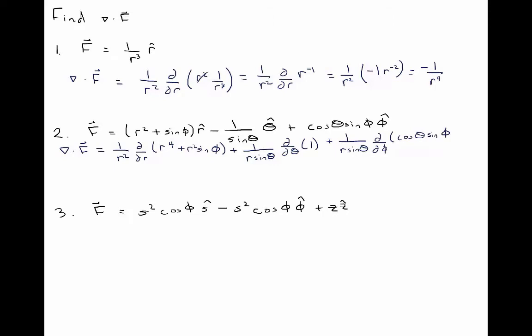I wanted to avoid writing more, so I skipped a step here and went ahead and multiplied the r squared through here. I multiplied the sine theta through here. Let me know if that bothers you. Remember, the sine phi is just a constant.